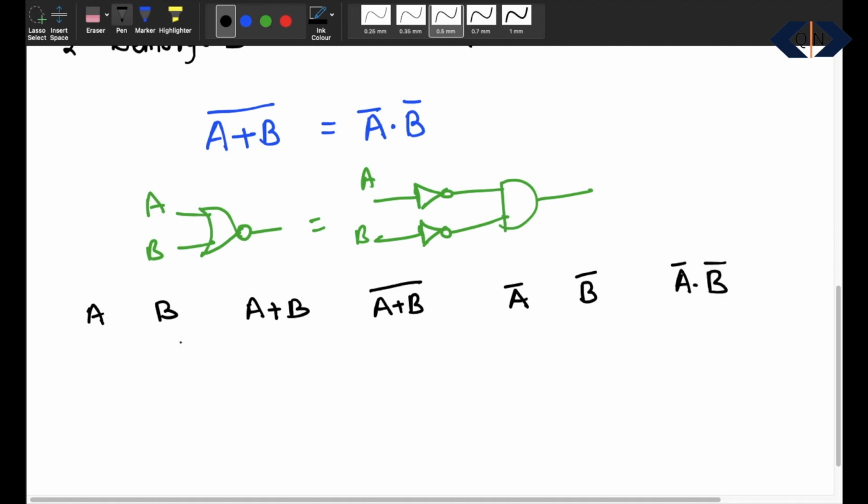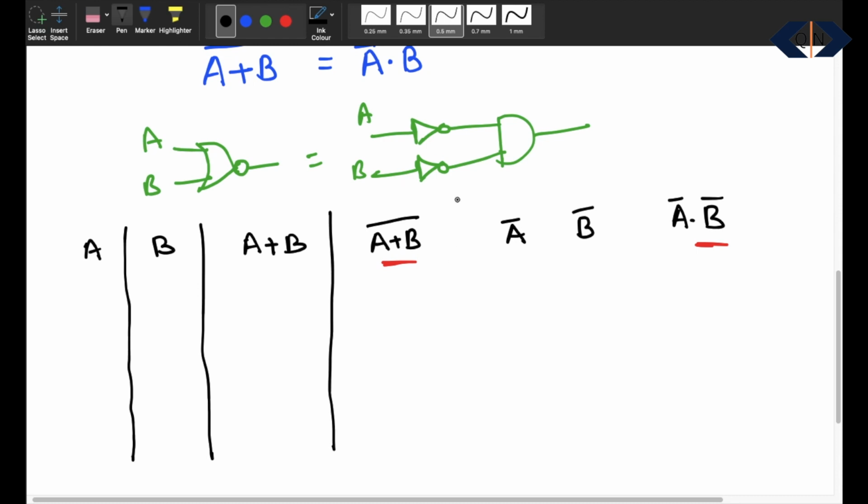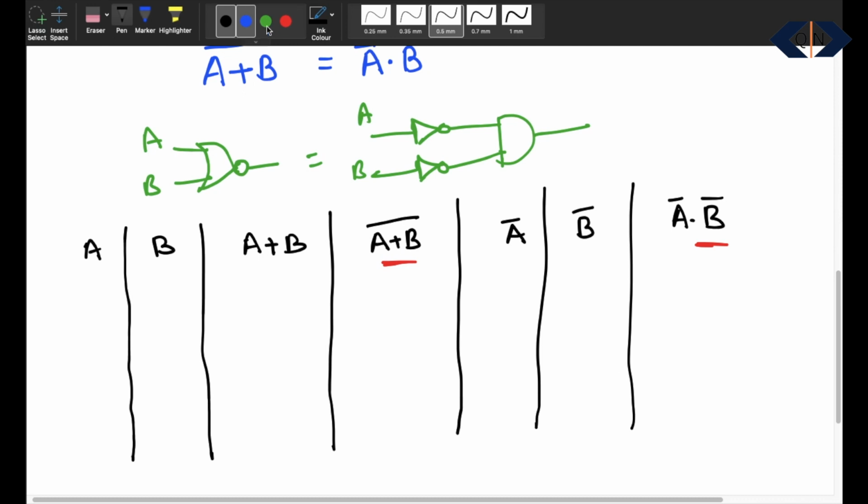Now we have to check whether this is equal to this or not. Let me draw a separator. Now writing all the possible combinations, it will be 0 0, 0 1, 1 0 and 1 1.